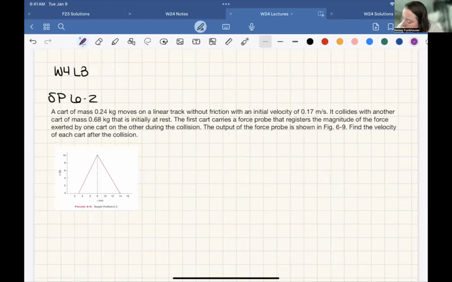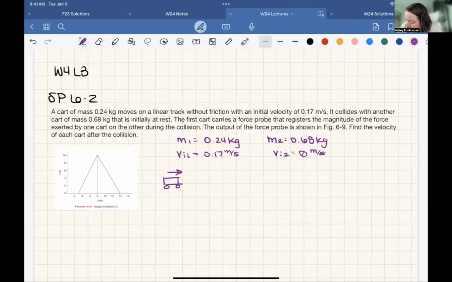So I'm just going to write down what we know. Mass of cart 1 is 0.24 kilograms. Mass of cart 2 is 0.68 kilograms. Initial velocity of 1 is 0.17 meters per second. And initial velocity of 2 is 0 meters per second. Cool. Now I'm going to just quickly draw the carts.